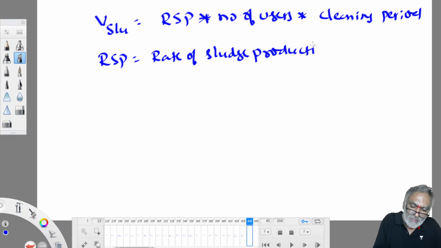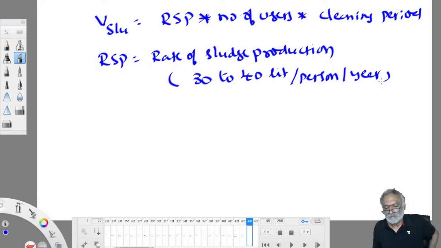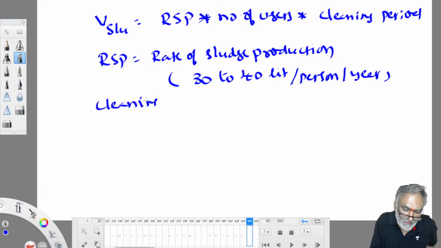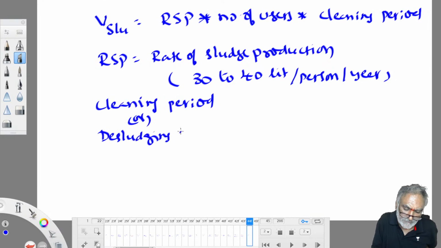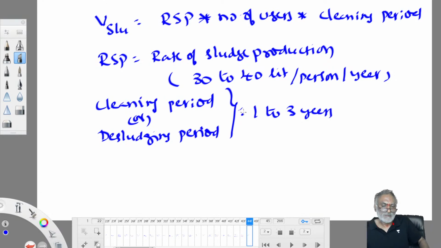As per IS code, this rate of sludge production normally varies anywhere between 30 to 40 liters per person per year. Cleaning period we normally provide 1 to 3 years. Cleaning period is also known as desludging period. Once in 1 to 3 years, the septic tank is cleaned or sludge is removed from the septic tank.